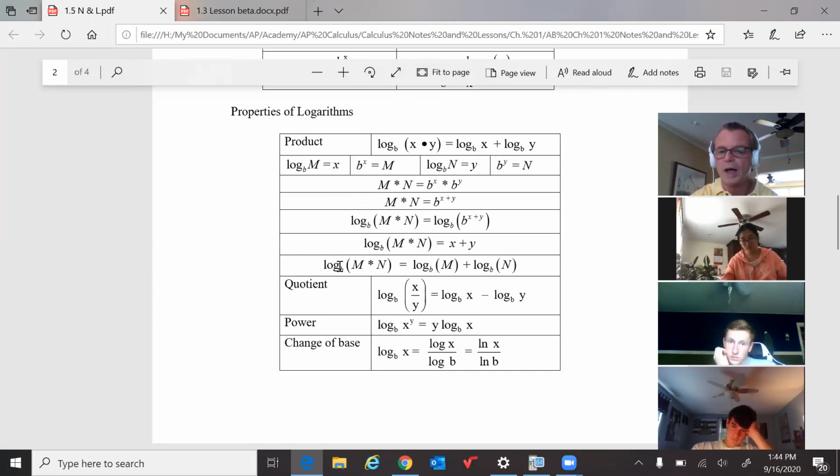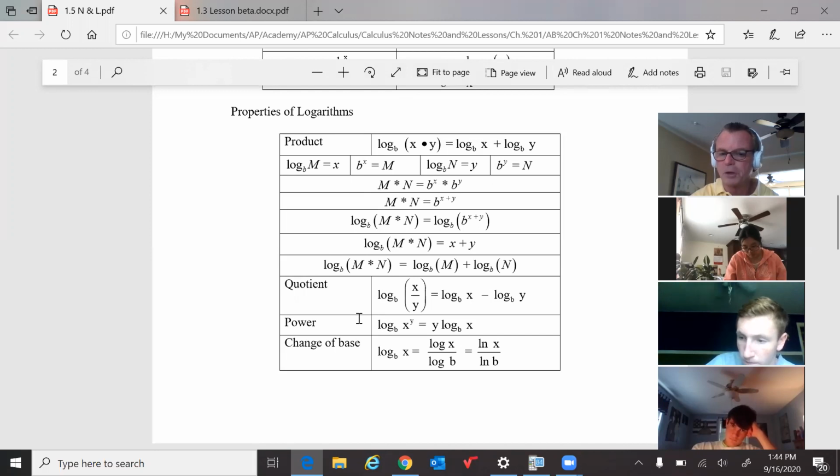This is why it works. It's up here if you're interested and you want to read it, but I'm not walking you through that. You can kind of see it. Log base b of this product can be broken down into the sum of the logarithms. And in the same way, log base b of x divided by y can be broken down into the difference of the logs.